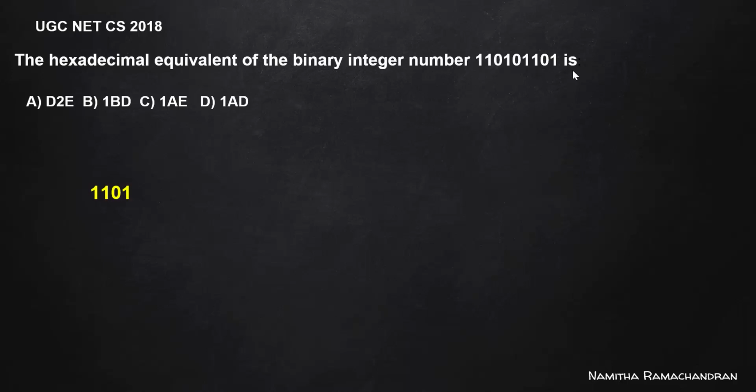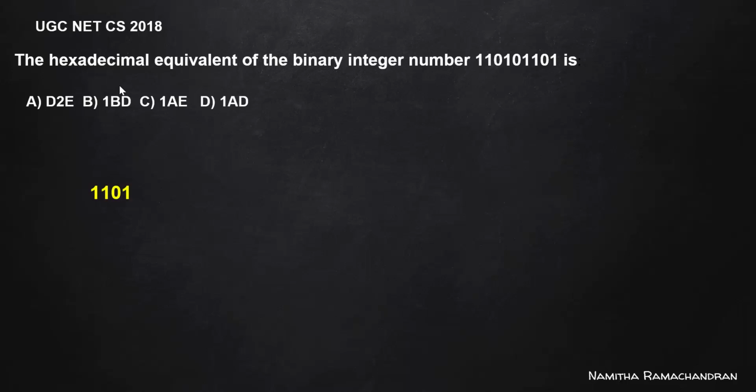Why 4 bits? Because in the hexadecimal system, the symbols used are 0 to 15. For representing the numbers from 0 to 15, a minimum of 4 binary bits is required.